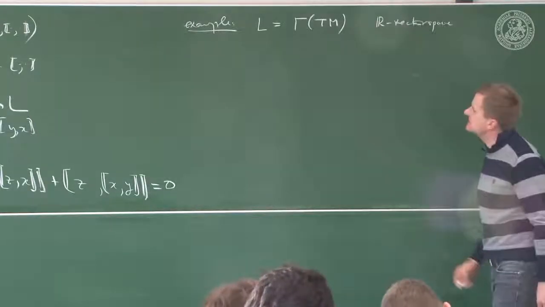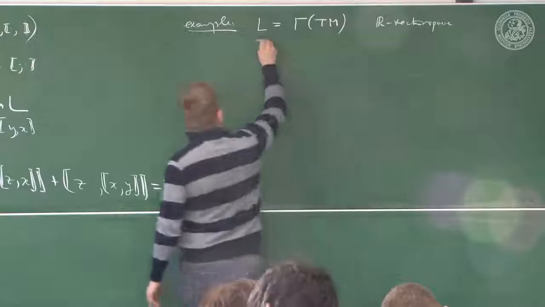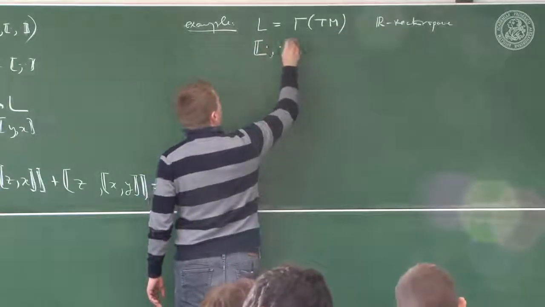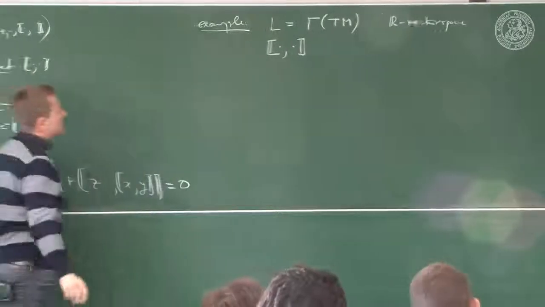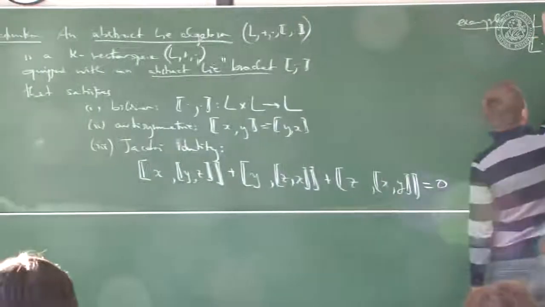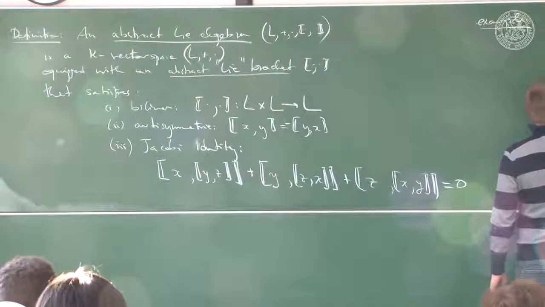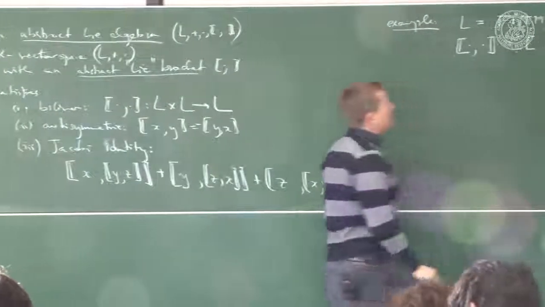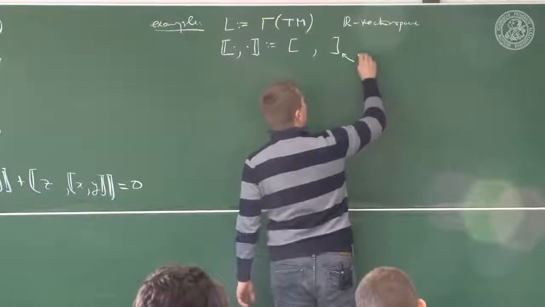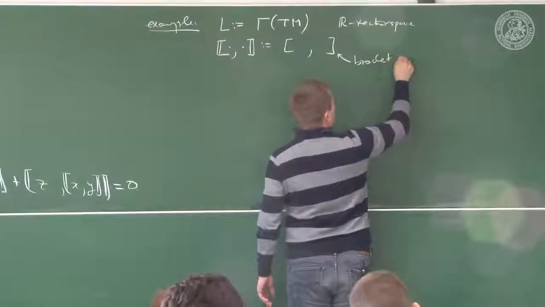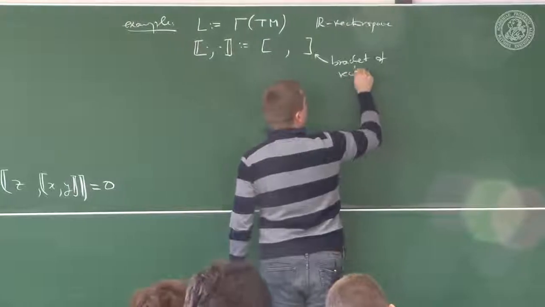All right? That's this L. And as the abstract Lie bracket, did I call it the abstract? Yeah, I called it the abstract Lie bracket. As the abstract Lie bracket, I take the bracket we defined for vector fields. You remember? So, bracket of vector fields.